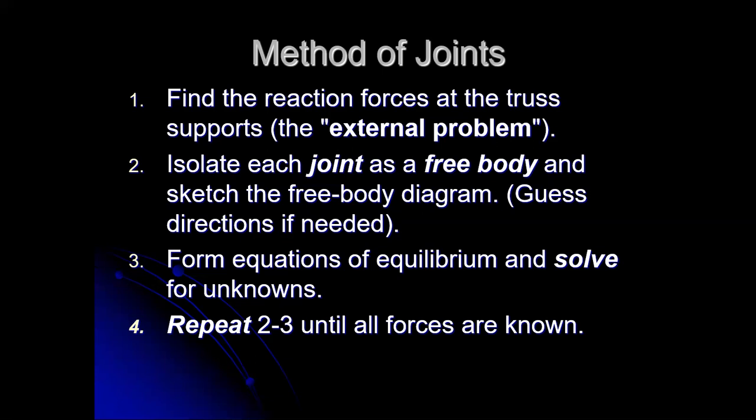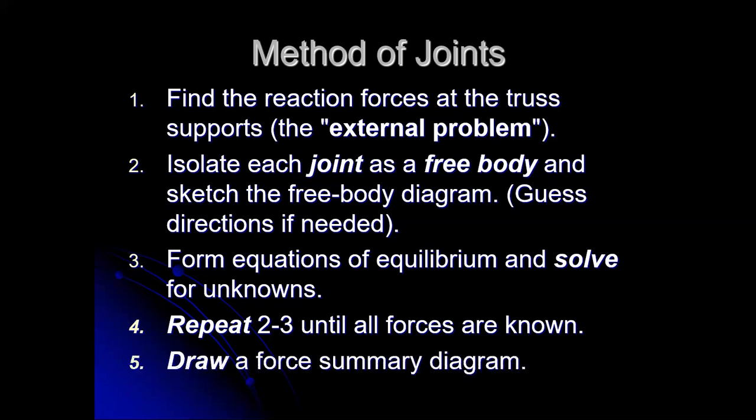But the other method we'll look at, method of sections, does a little bit better job on those larger trusses. In the end, once we've got everything we need to know, we draw a force summary diagram, use a table to illustrate the loading on each member, and communicate our final answers. So let's see how it works.